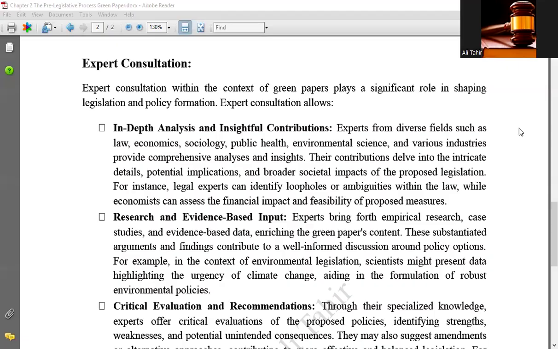Their contributions delve into intricate details, potential implications, and the broader societal impact of the proposed legislation. For instance, legal experts can identify loopholes or ambiguities within the law, while economists can assess the financial impact and feasibility of proposed measures.